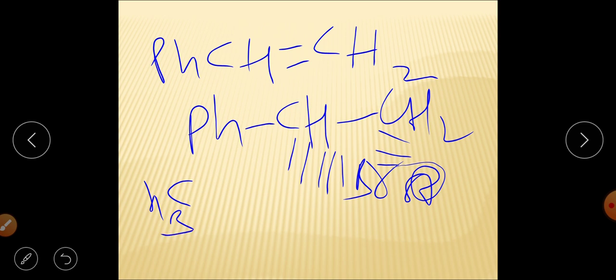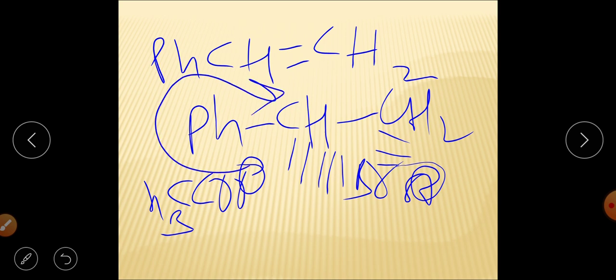CH3COO negative can attack on this particular carbon, right? This CH3COO negative, that is the acetate ion, is attacking on this particular carbon. Why is it not attacking here at this particular carbon? Because there is also a little bit of carbocation character during the mechanism as well.